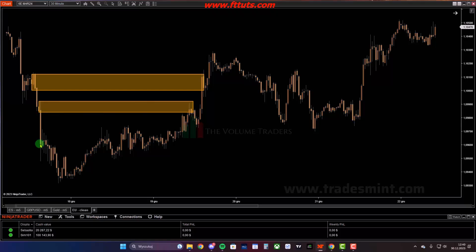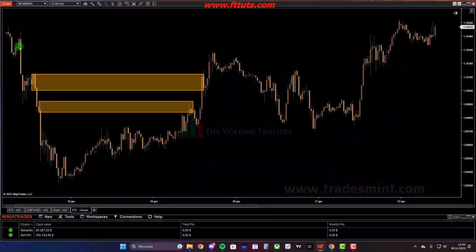If the move is very strong, the price is moving heavily from the zone, that means the more out of balance supply and demand is in that zone. So it means a heavy order was placed. Very aggressive sellers in that case were in the market, so heavy orders got filled.